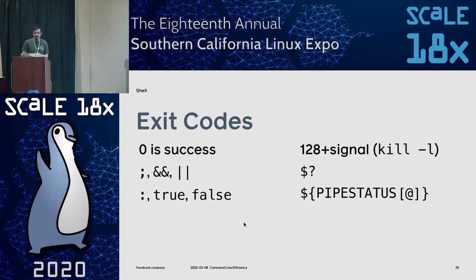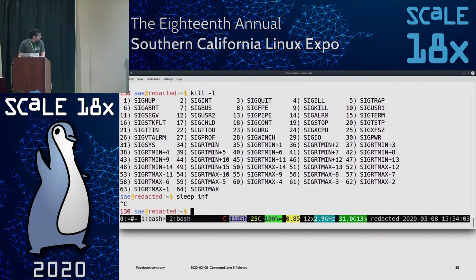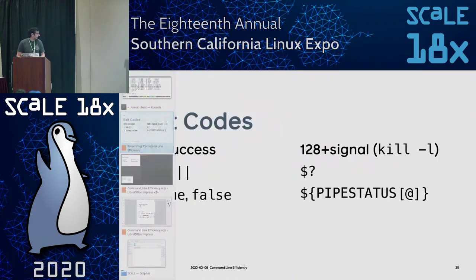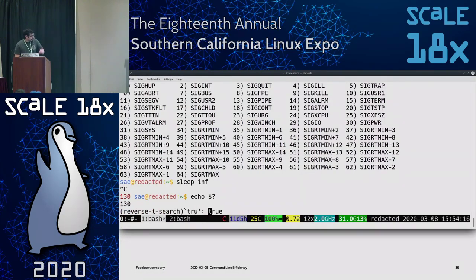So this is a way to tell what kind of signal might have been sent to that process. If you ever want to see the exit status, if you ever want to use it later on in a script, it's in the $? variable, and you can use that in a bash script later on. It's also worth mentioning pipe status.